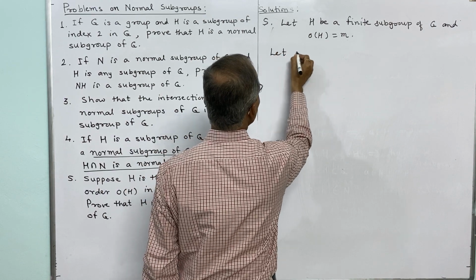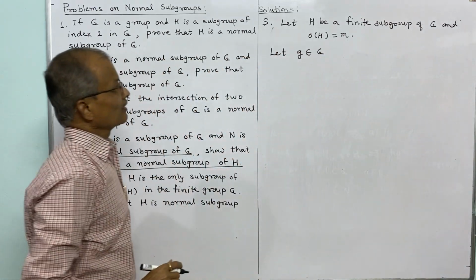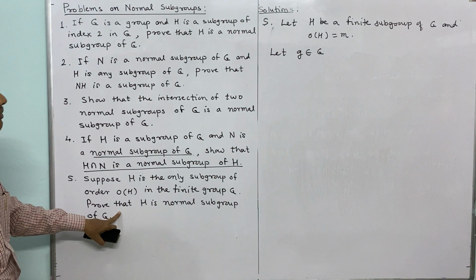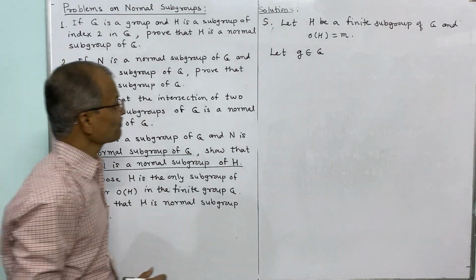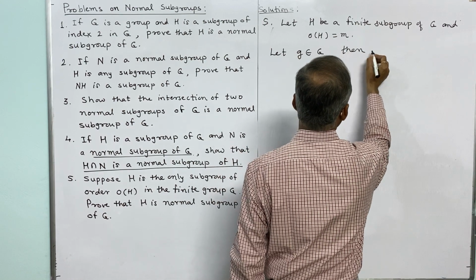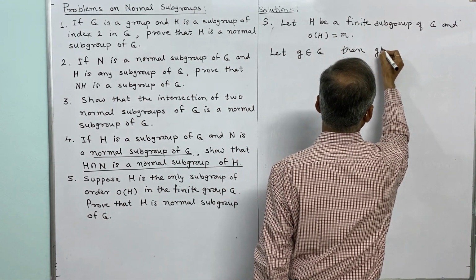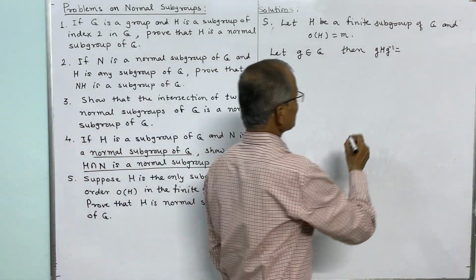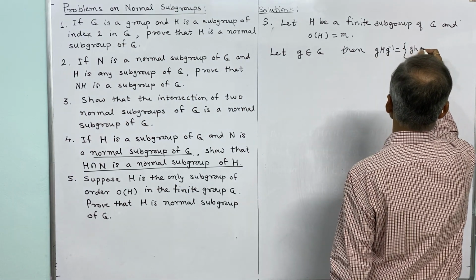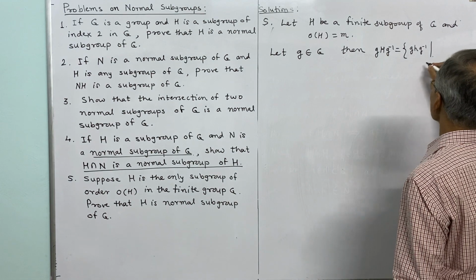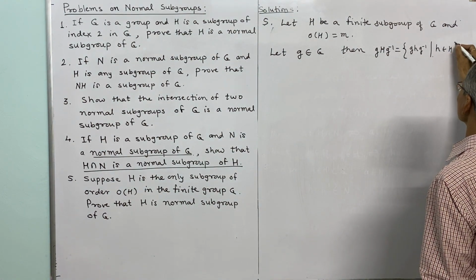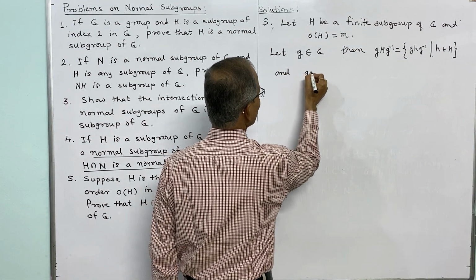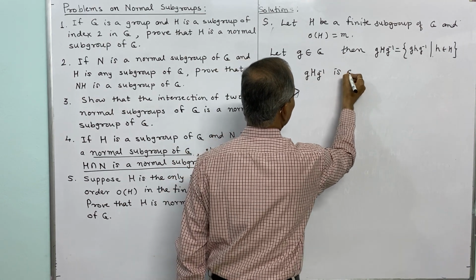For that purpose, let g belong to G. Then gHg inverse is the set defined by ghg inverse, where h belongs to H, and gHg inverse is a subgroup of G.